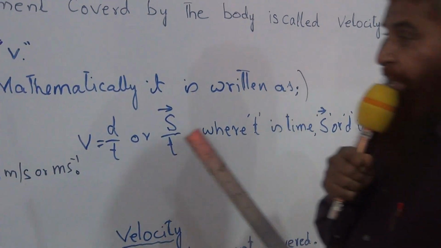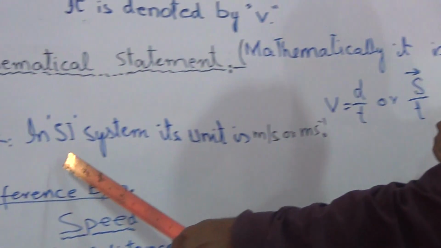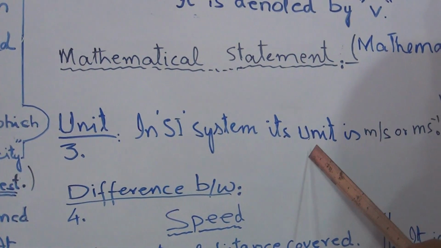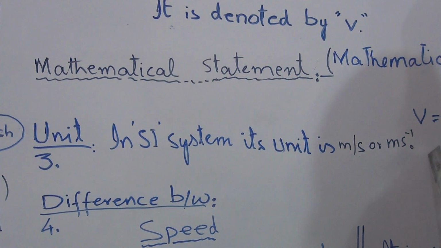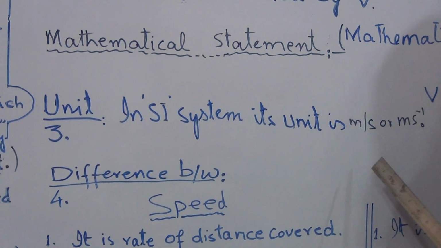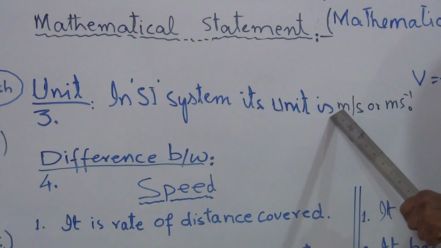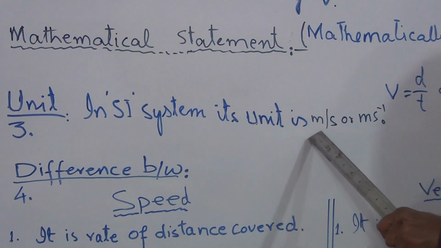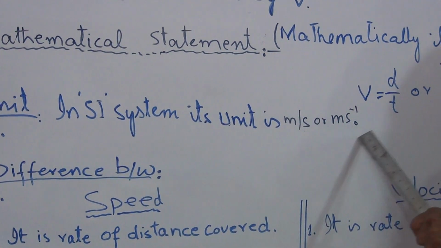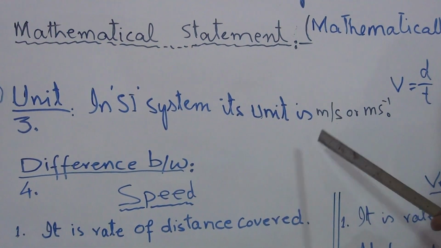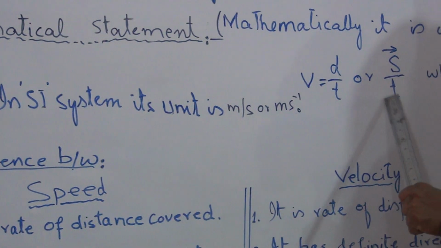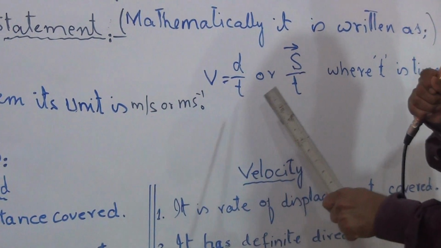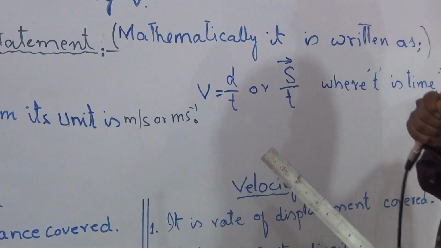Its unit in the SI system is meter per second or ms⁻¹. You can write it both ways, in power and in oblique. It is the same unit as speed, but you have to remember this formula for ease in the numericals.